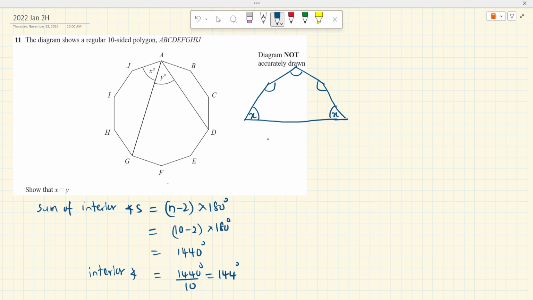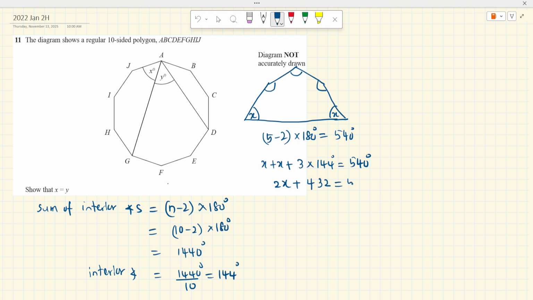So the sum of interior angles of a pentagon is 5 minus 2 times 180. 5 minus 2, that is 3. 3 times 180, 540. Then x plus x, that is 2x, plus 3 times 144, equals 540.